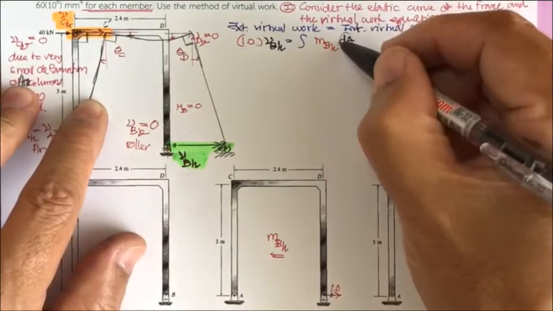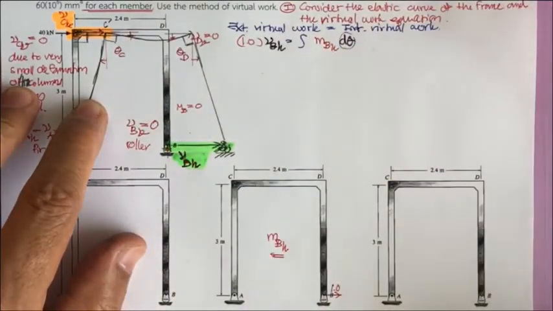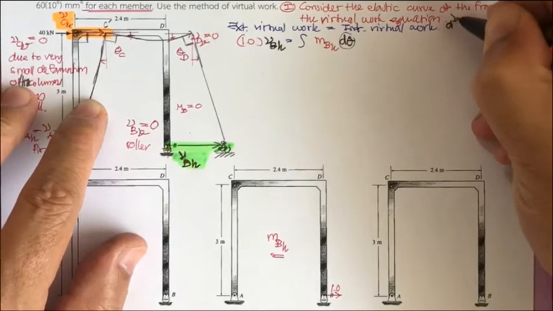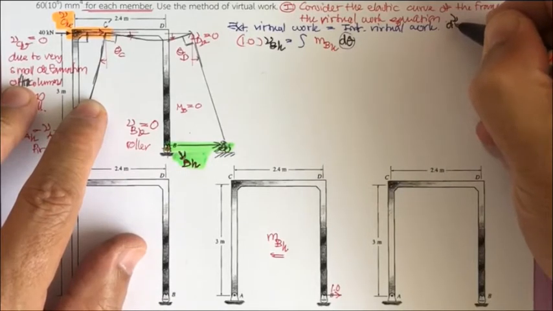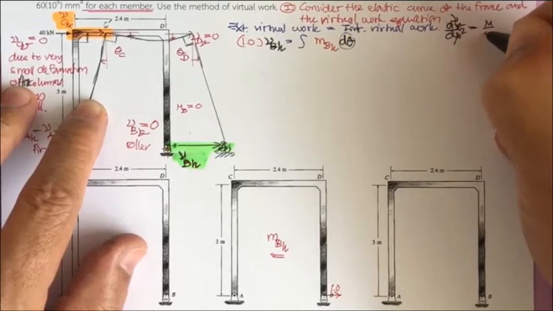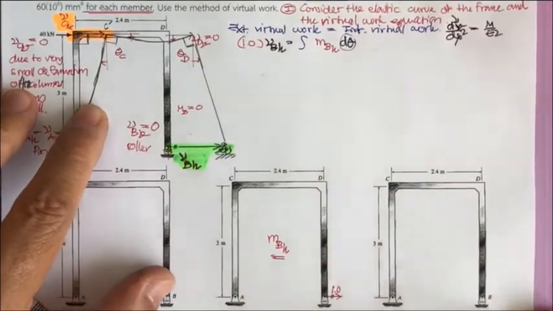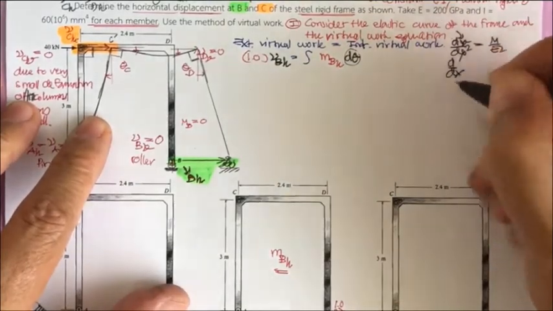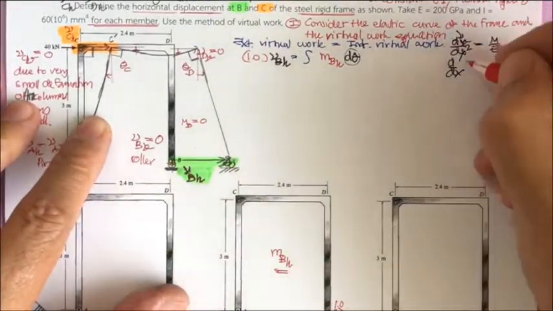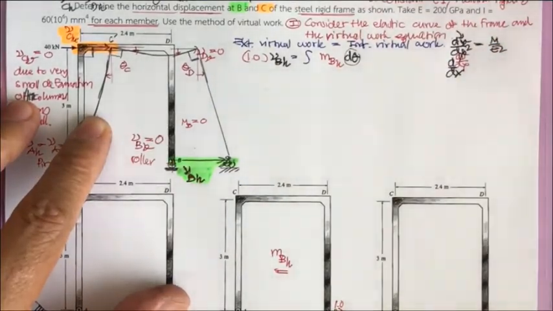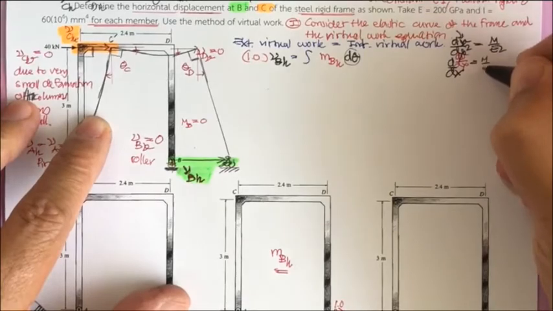And what is going to be the change of slope of the frame? We have the elastic beam theory, d squared v by dx squared equals M over EI. Based on the mathematics, this is d by dx of dv by dx, and it equals M over EI.